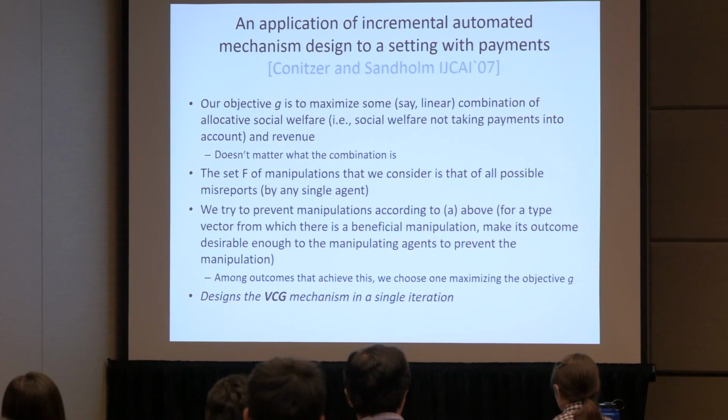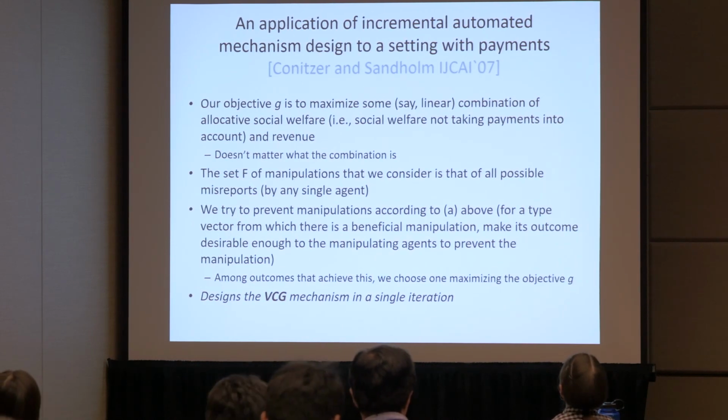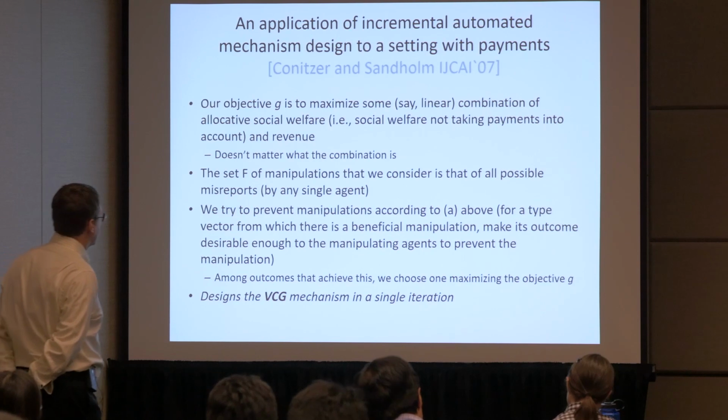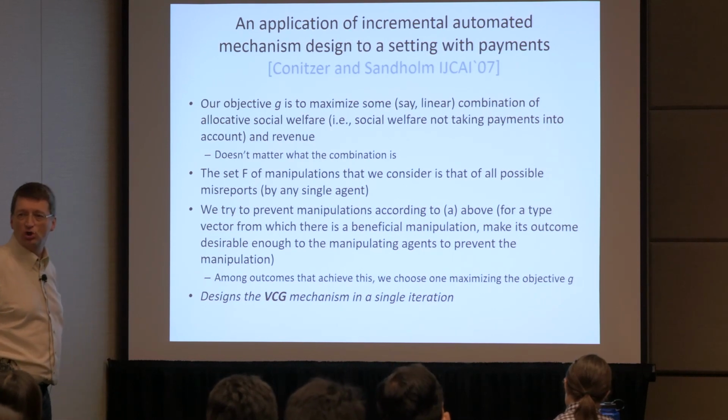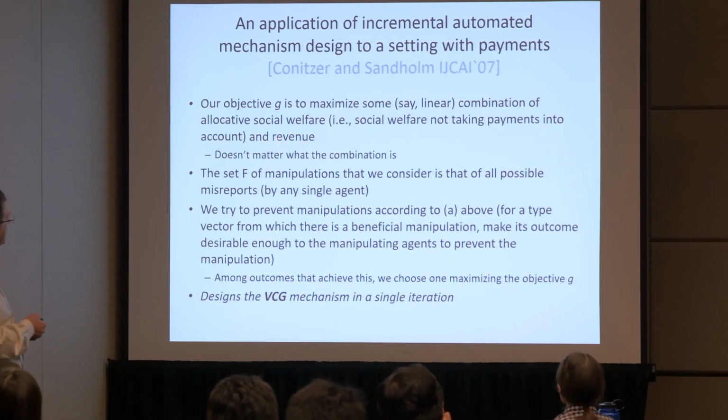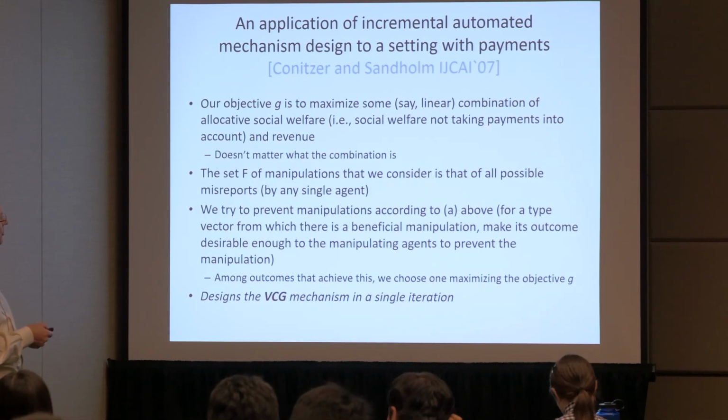Okay, here's one example: an application of incremental automated mechanism design to settings with payments. And so we're here looking at multi-item auctions. Our objective G is to maximize some combination of allocative social welfare, that's social welfare not taking payments into account, and revenue.